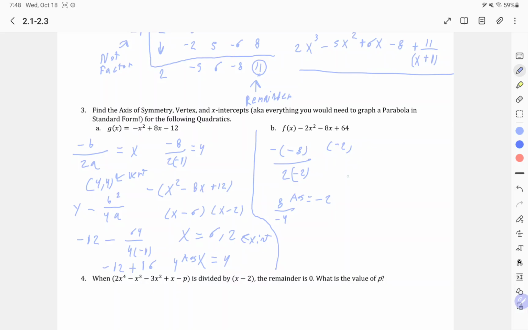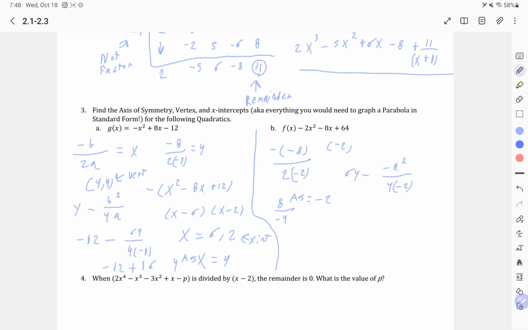And now with this information, we're going to go ahead and do nothing with it. So 64 minus b squared. So -8 squared over 4 times -2.